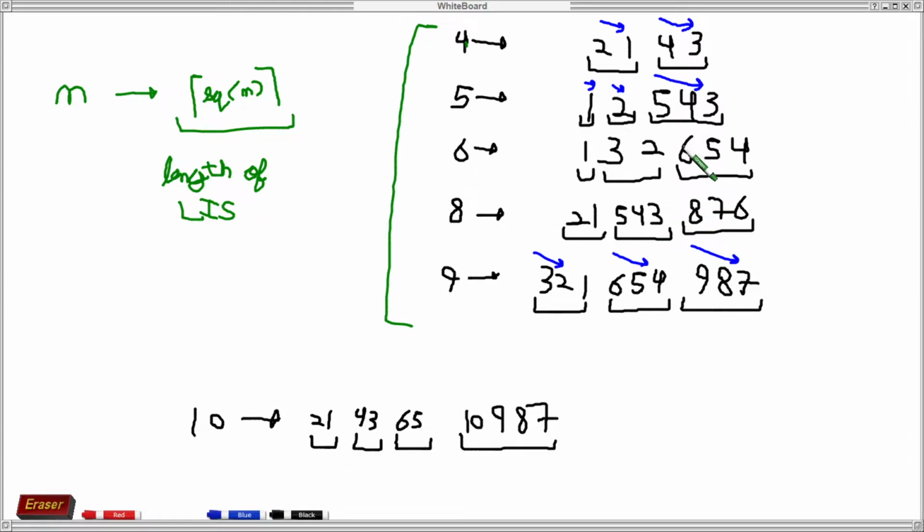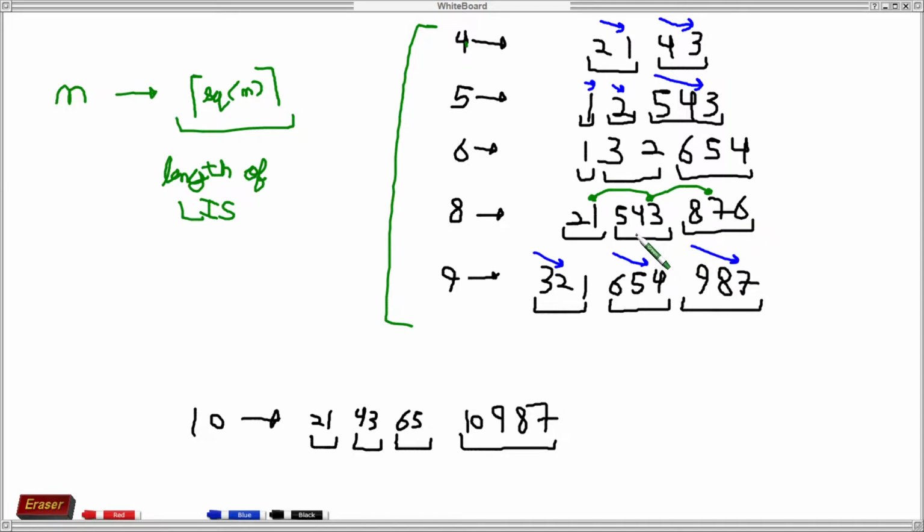Now how will this pattern help? Let's say we take 8. In this 8, we can see that the longest increasing subsequence we can form is something like this. We can take 1 from here, then we can take any of 5, 4 or 3 from this, and we can take any of 8, 7, 6 from this.